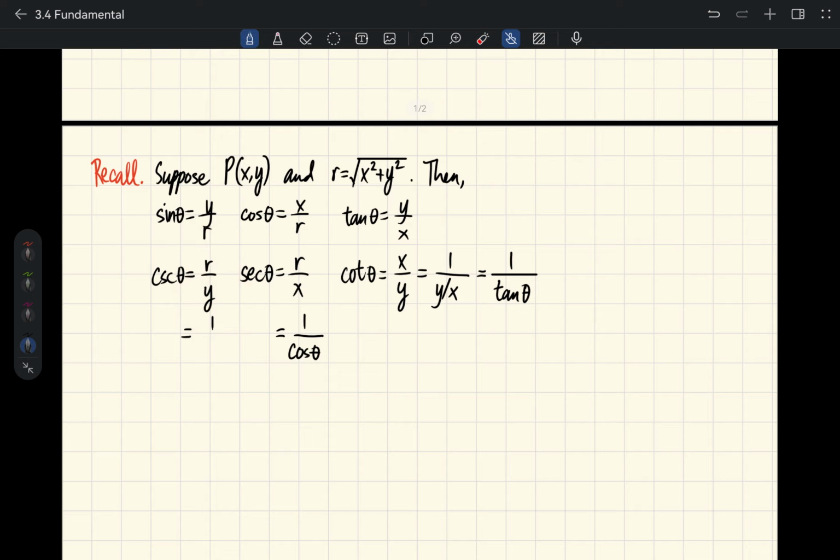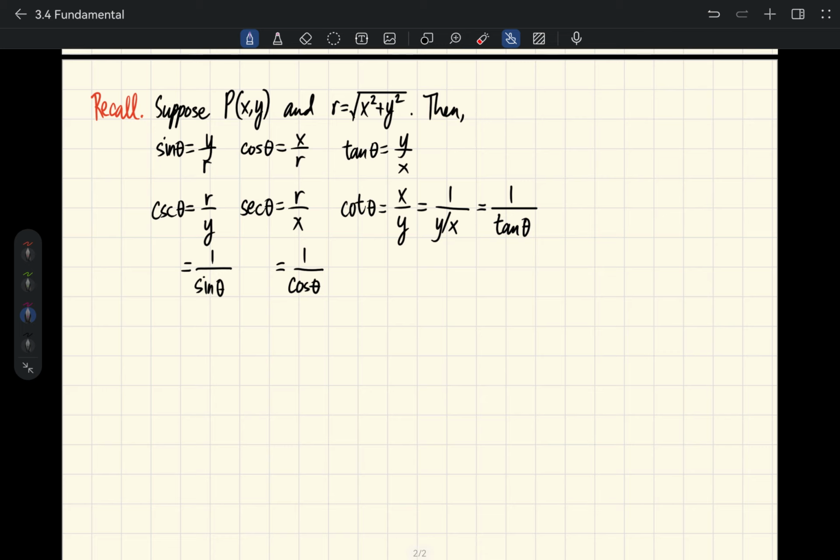So cosecant theta is just the reciprocal of sine theta. This gives us the so-called reciprocal identities. So I'll just put theorem, let's say 1.1. We have the so-called reciprocal identities.